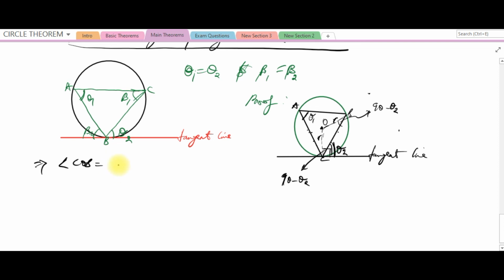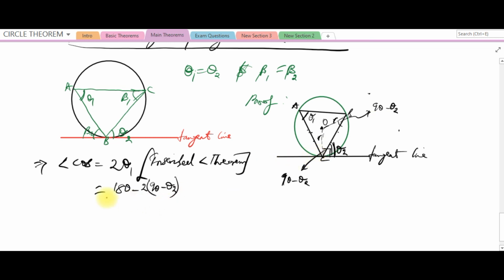It is either 2 theta 1, based on the inscribed angle theorem, or it is equal to 180 minus the sum of the other two angles, which is 90 minus theta 2 times 2, because they are the same in an isosceles triangle.